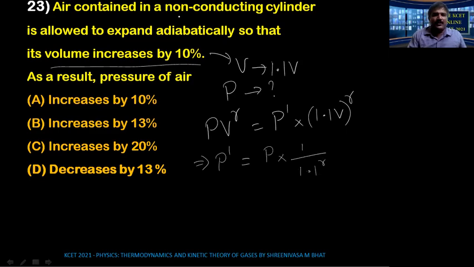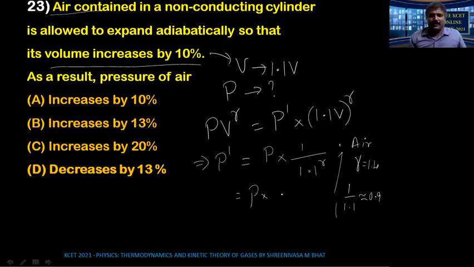For air, gamma can be taken approximately as 1.4, because air contains mostly diatomic molecules. So this is P into 1 by 1.1, which is nearly 0.9. With a calculator it becomes 0.91, but approximately 0.9.